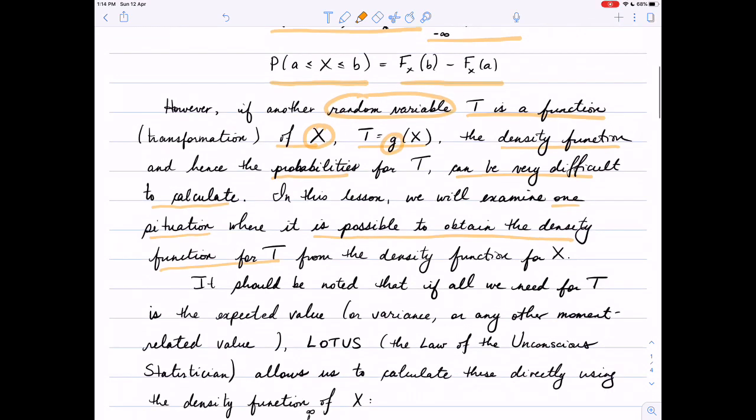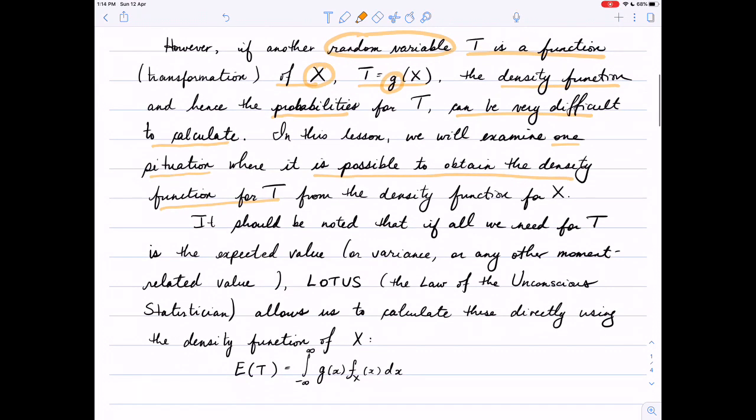It should be noted, however, that if all that we are interested in for t is the expected value or the variance or anything else that's moment related, then this theorem, LOTUS, which is the law of the unconscious statistician, allows us to calculate expected value and other such measures directly from the density function of x.